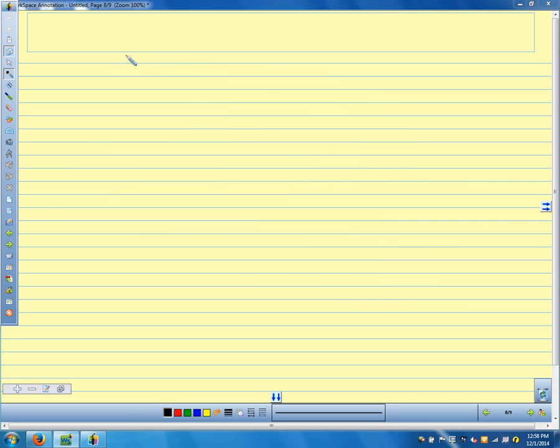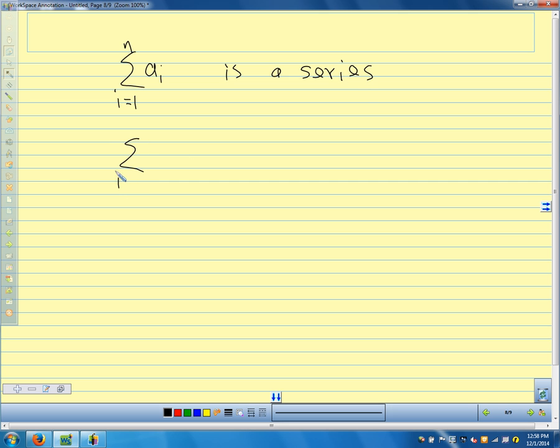So we said that the sum i equals 1 to n, a sub i, is a series. If I let my upper limit equal infinity, that's an infinite series.